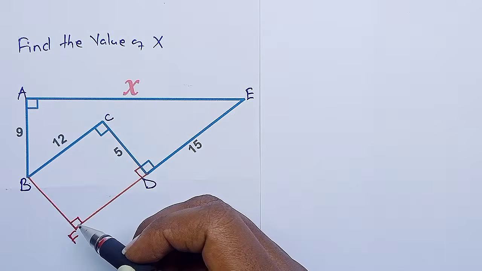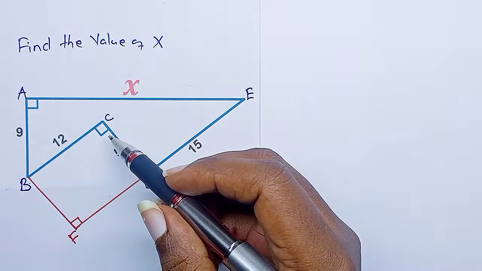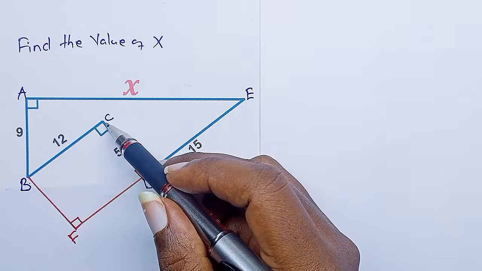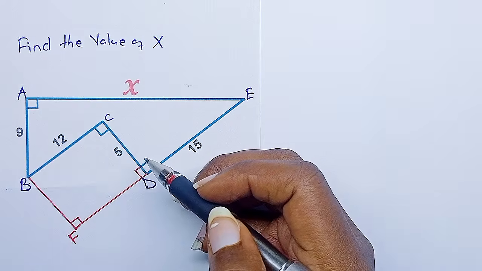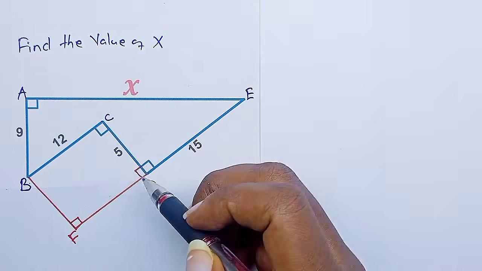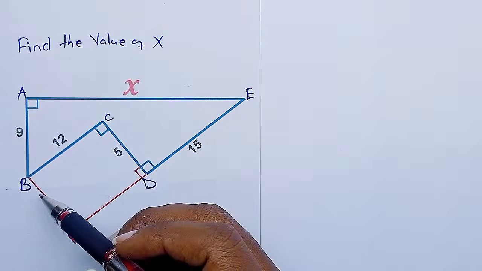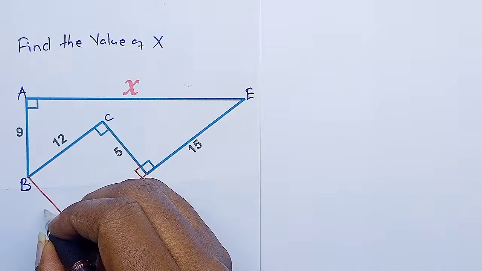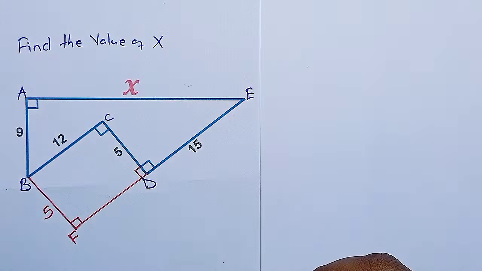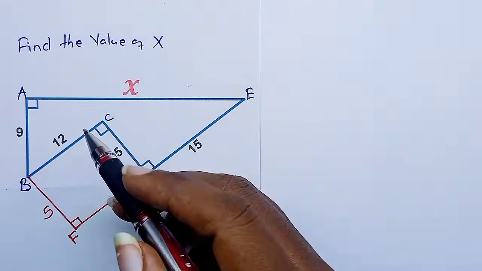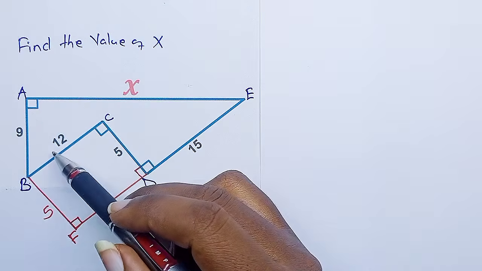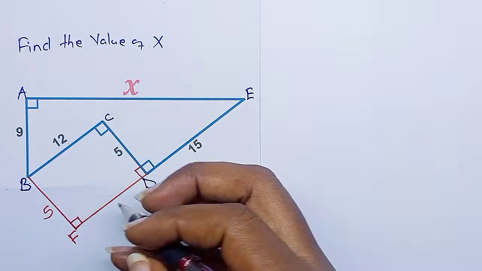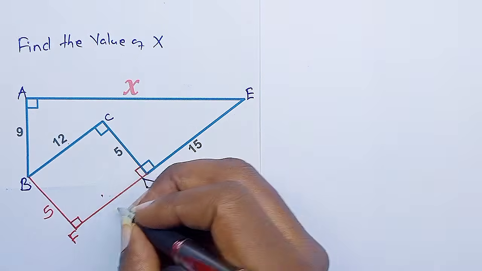Now, since it's a rectangle, opposite sides of a rectangle are equal. So if this side CD is 5, that implies that also side BF will be 5. So this is also 5. Also, since this side BC is 12, then that implies that also side FD will also be 12.